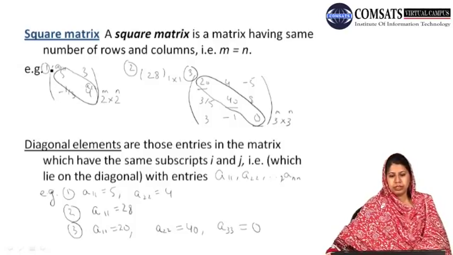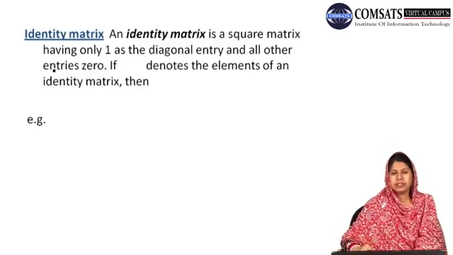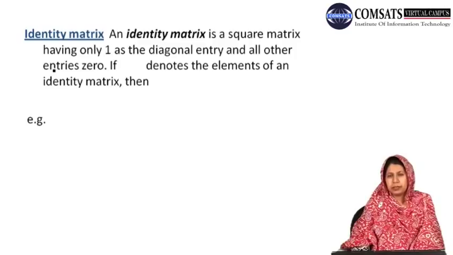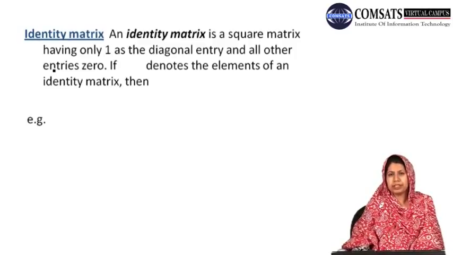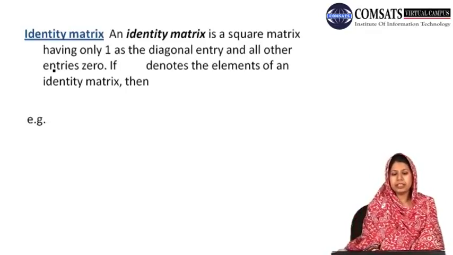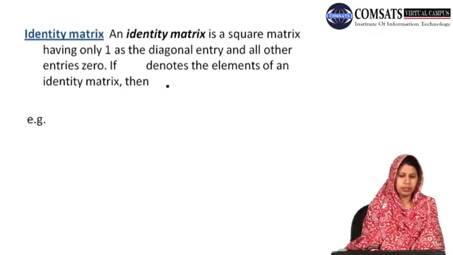Next type of matrix is the identity matrix. An identity matrix is again a special type of square matrix, that is a matrix having the same number of rows and same number of columns, but with the extra condition that an identity matrix has only 1 as the diagonal entry and all other entries are 0.